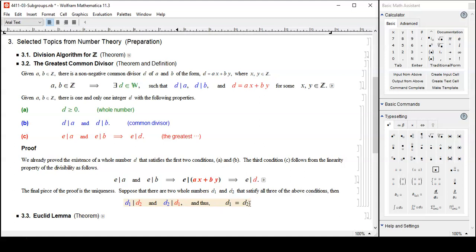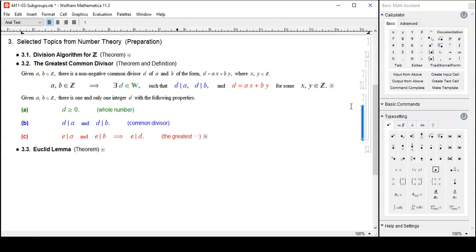And consequently, we can say d1 is equal to d2 because they are non-negative integers. Without that, we may end up with d1 equal to negative of d2. But that's not going to happen because both are non-negative. So the uniqueness follows.